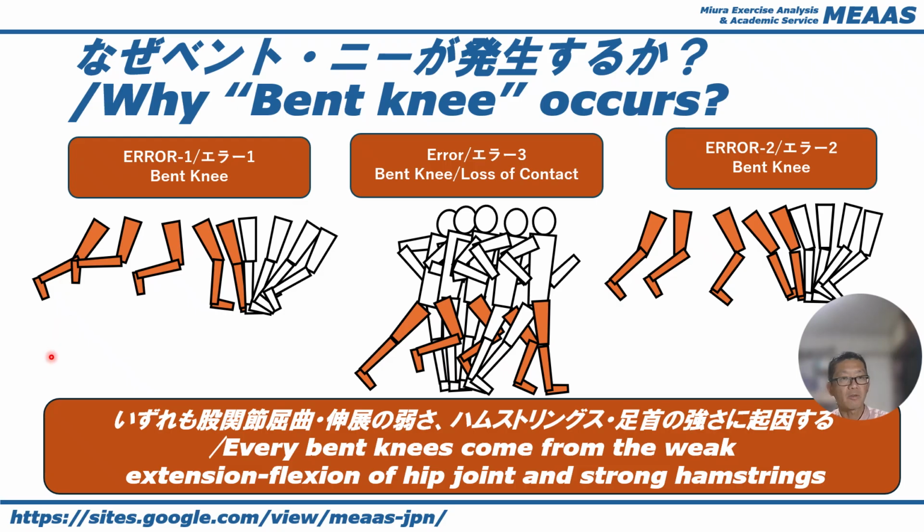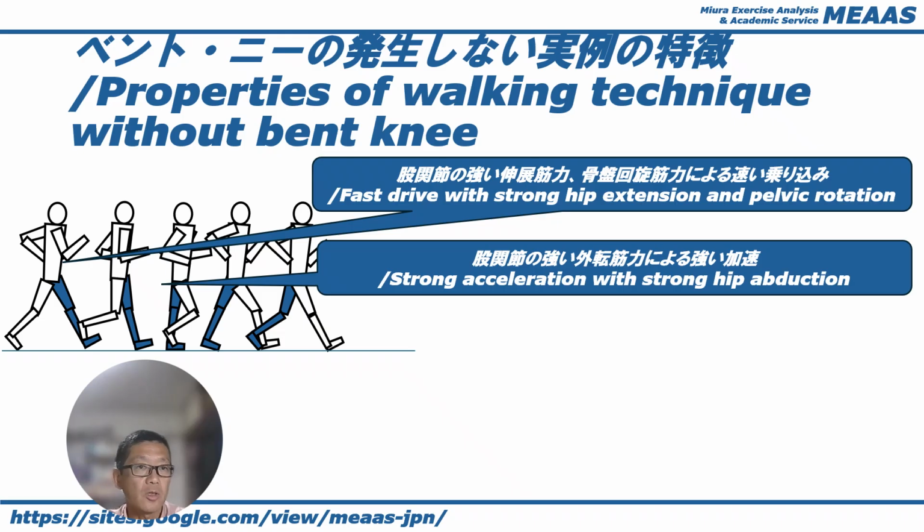On the correct technique, they exert strong force with the hip and the torso, but with bent knee, like loss of contact, they work with strong force of hamstrings and ankle muscle. Until the last slide, I explained the mechanism of the bent knee. So in this eighth movie, I talk about the property of walking technique without bending, the correct technique.